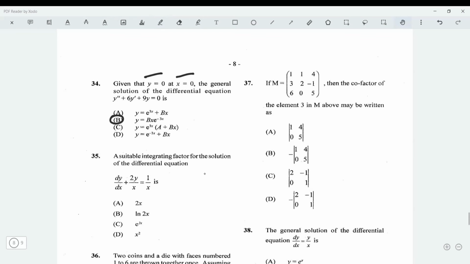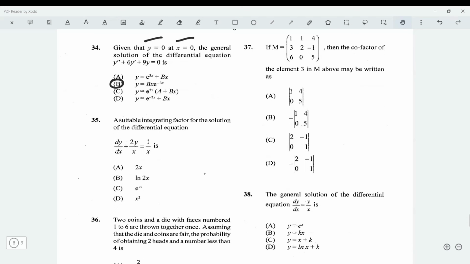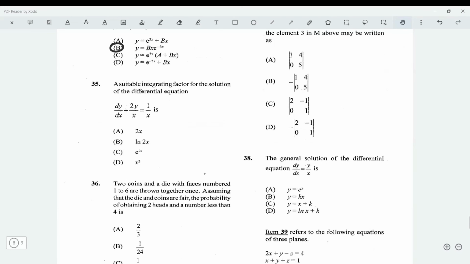Nice. Question 35, a suitable integrating factor for the differential equation dy by dx plus 2 over x times y equal to 1 over x. The integrating factor, I like to call it I, is e to the integral of 2 over x dx.